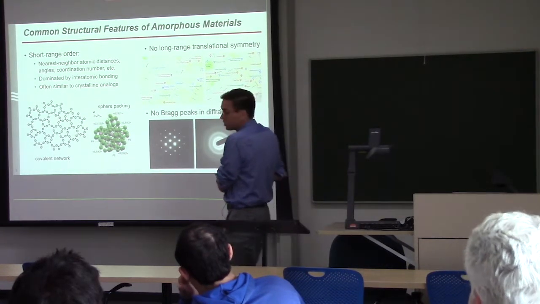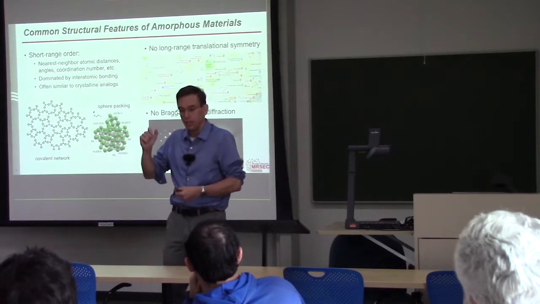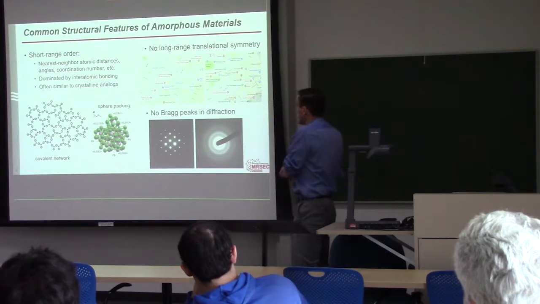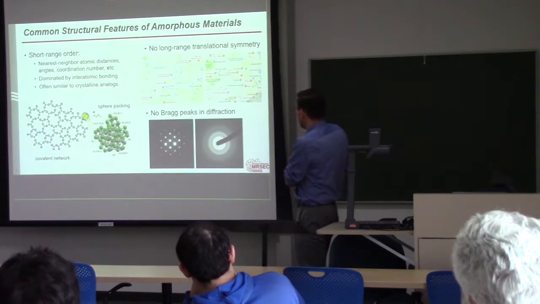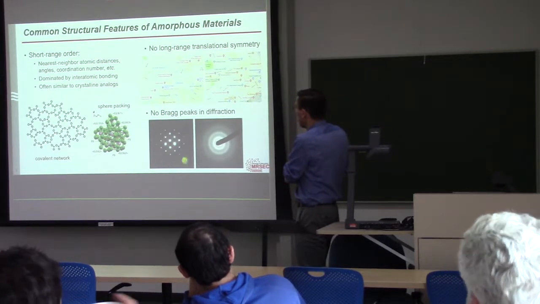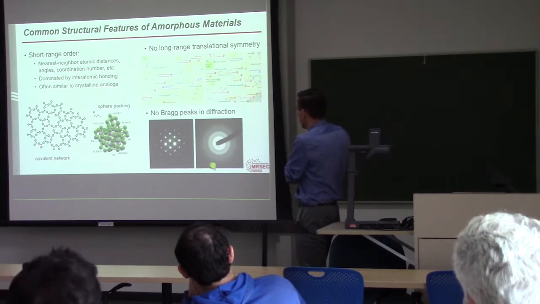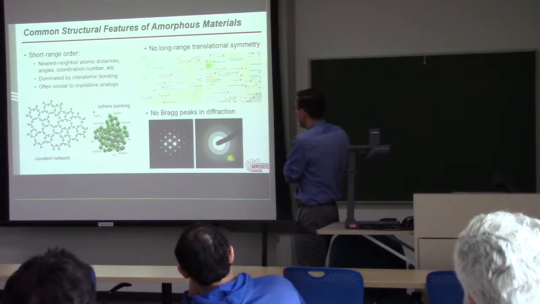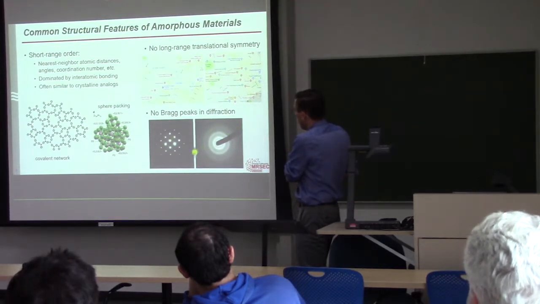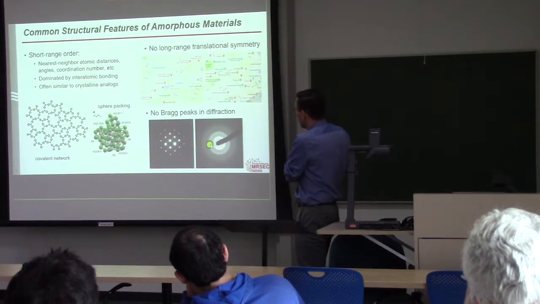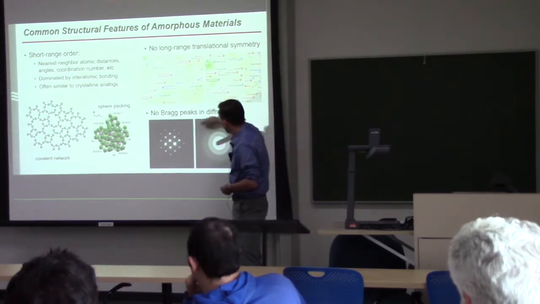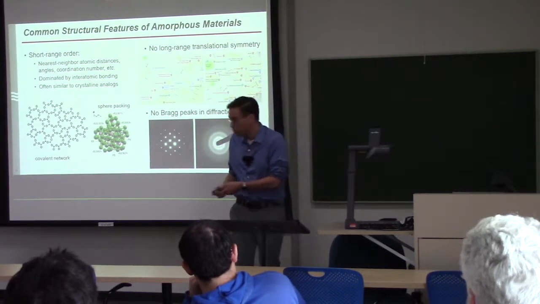These are materials that, because they're highly disordered on a global scale, don't exhibit Bragg peaks. So if you do a diffraction experiment, in this case an electron diffraction experiment, you'll find that there are no Bragg reflections. I'm sorry, the lower right is the amorphous material here. There are no Bragg reflections, but you'll see a modulation of the intensity as you move towards higher reciprocal space wave vector.